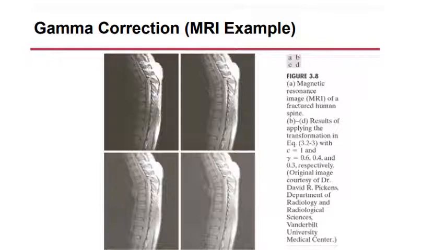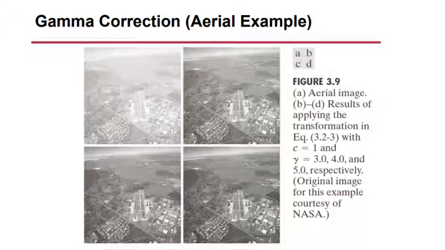As I told you, the analysis of an image is about how humans can perceive it. We can ask some doctors to tell what information they analyze from these gamma corrected images. In the same way, gamma correction was applied to an aerial image obtained from NASA, and you can see how you can make it darker on some side.